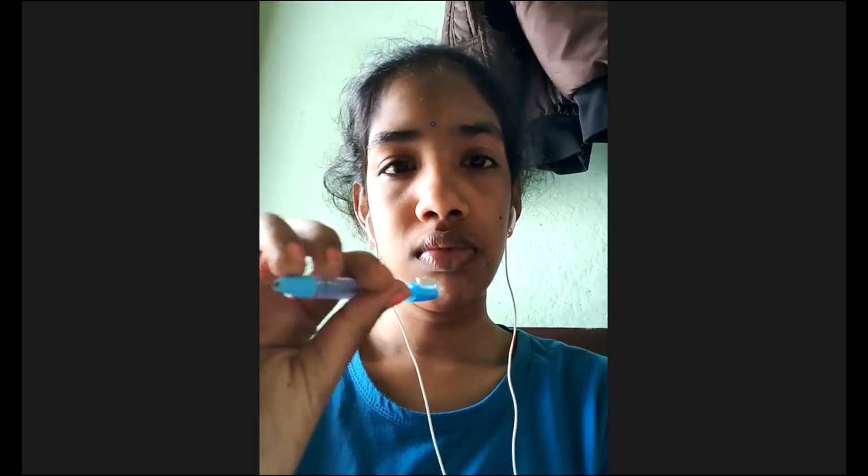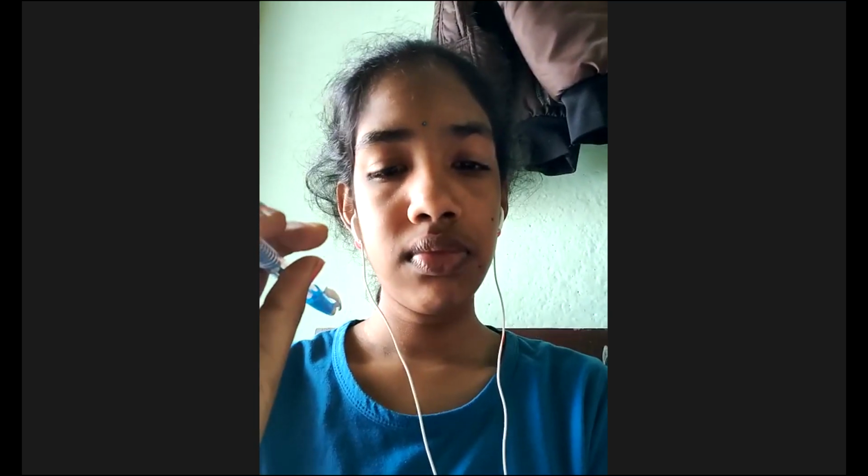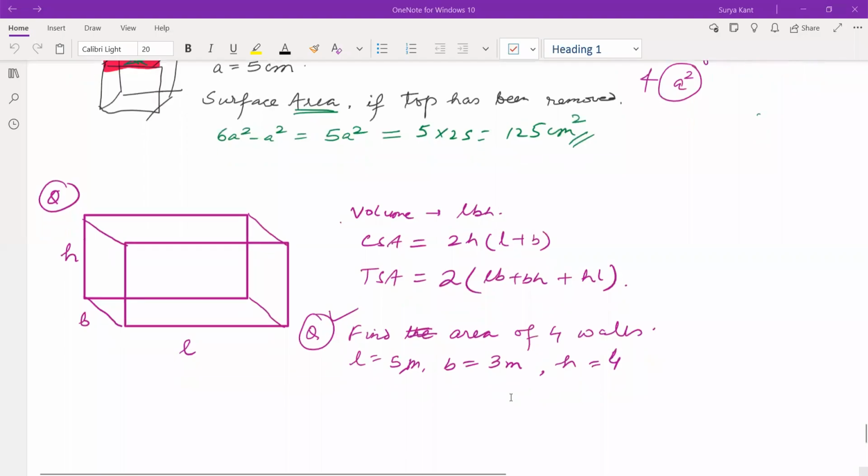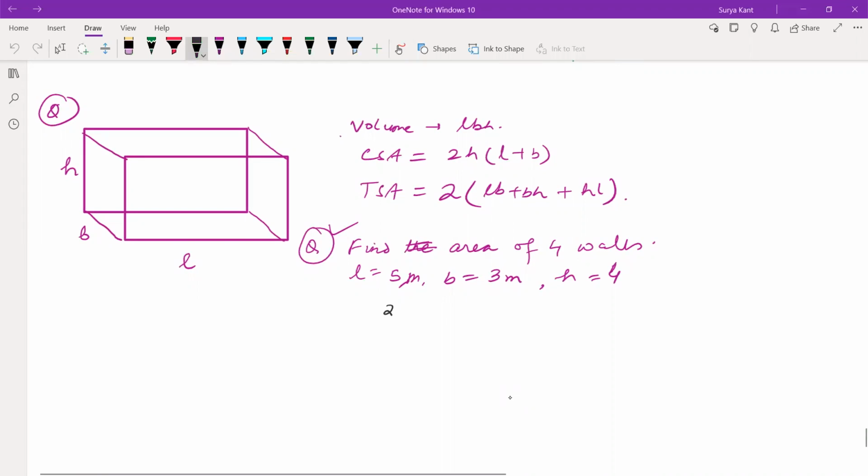Cylinder also, you know, right? Yes, sir. So what is the volume of cylinder? So here you got the answer. I am writing here 2 into H. Again, your camera is off, Sugandhini.